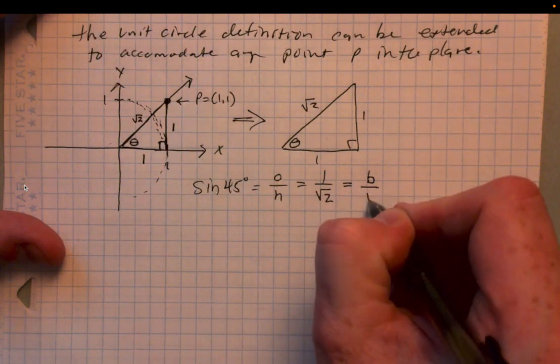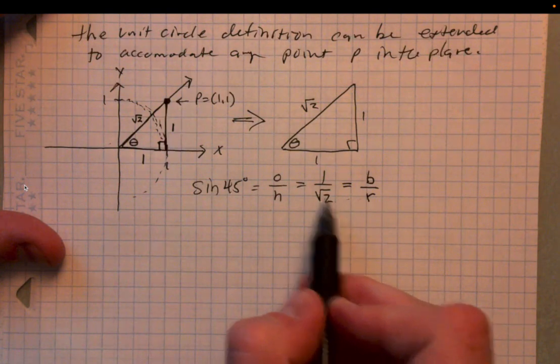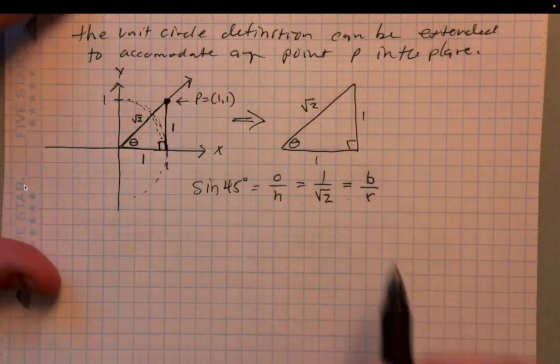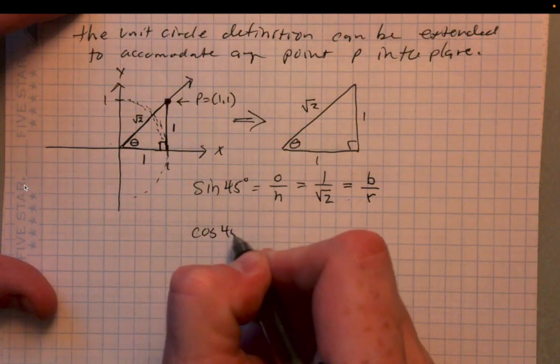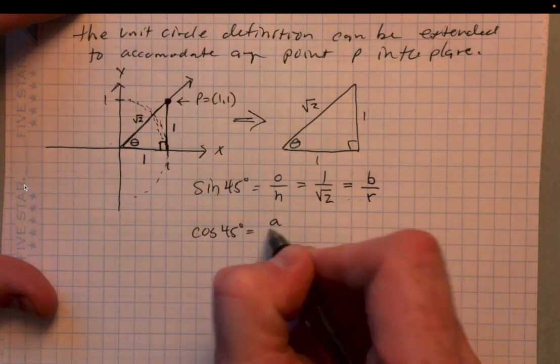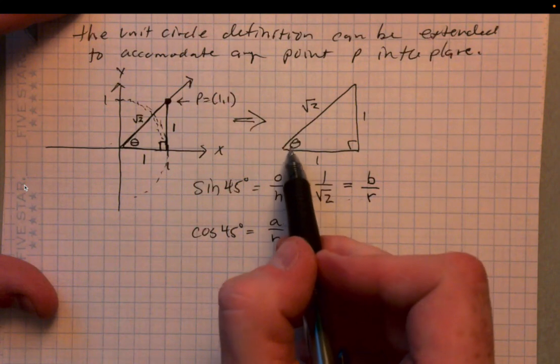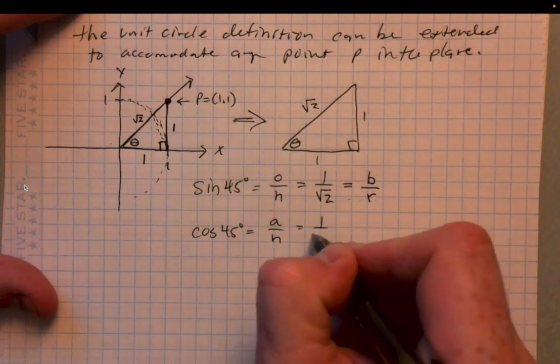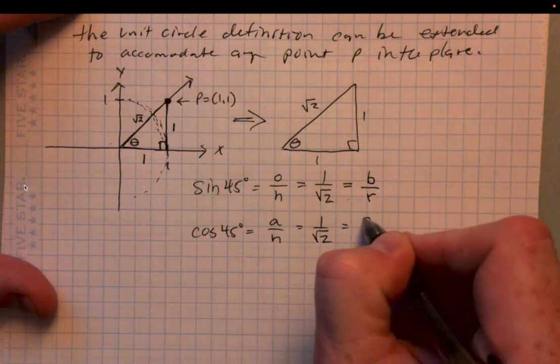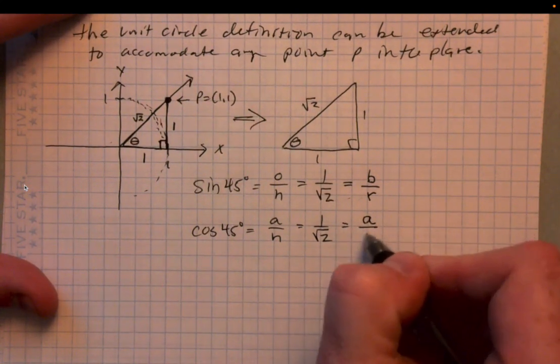It's b over some value r. We'll see what r is. R is the hypotenuse. You can already see that, but we'll talk about what that means in general. The cosine of 45 degrees is equal to the adjacent over the hypotenuse, which in this case is 1 over the square root of 2. We know that that's equal to a usually, but we're going to put it over r.